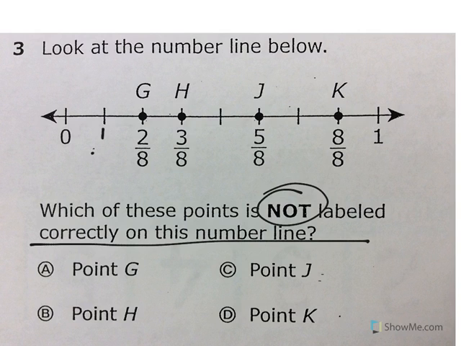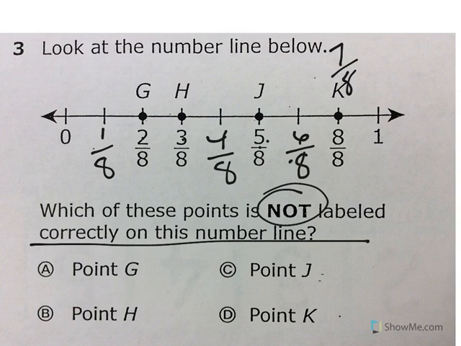This is 1/8, 2/8 is right there, 3/8, this would be 4/8, this is 5/8 right there, so we got 6/8. And this looks like it should be 7/8 to me. And this last one would be 8/8.